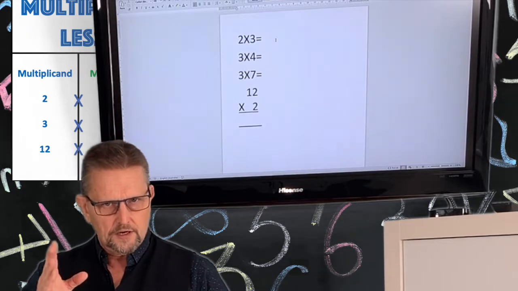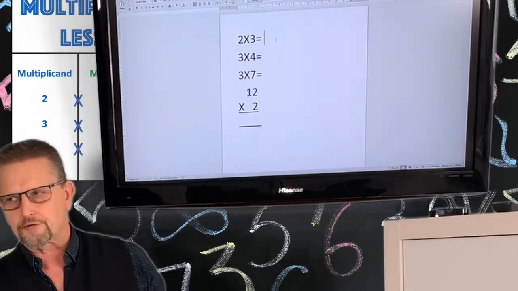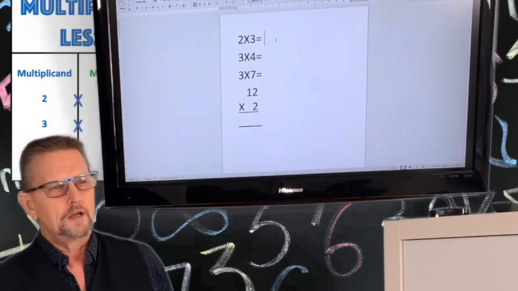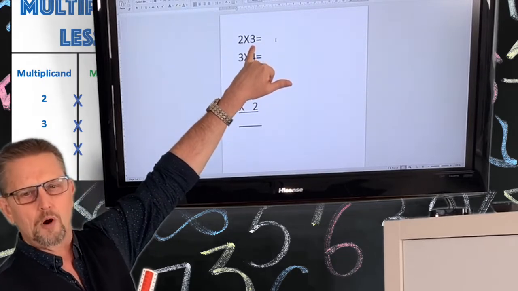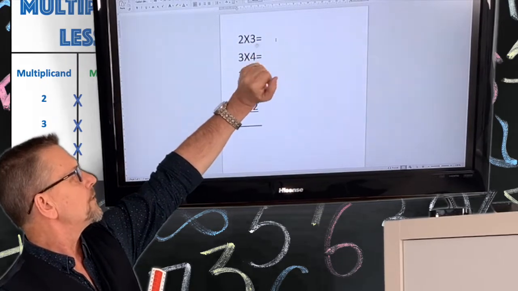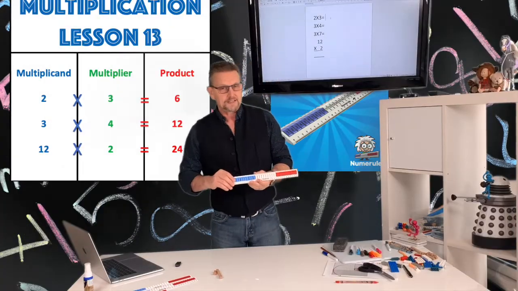So let's have a look at the first one. We've got 2 multiplied by 3, which we've also done up here. The first number being the multiplicand, the second number being the multiplier, and we want to multiply them together to get the product. So, repeated addition.